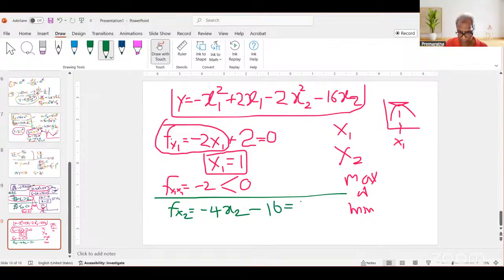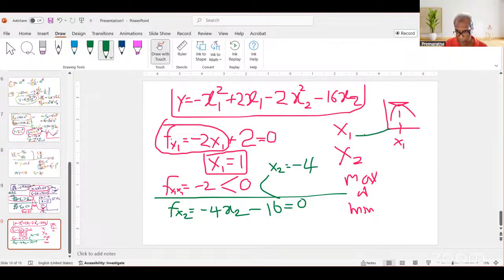So when you set it equal to 0, you get the optimal point. The answer we get is x2 equal to minus 4.